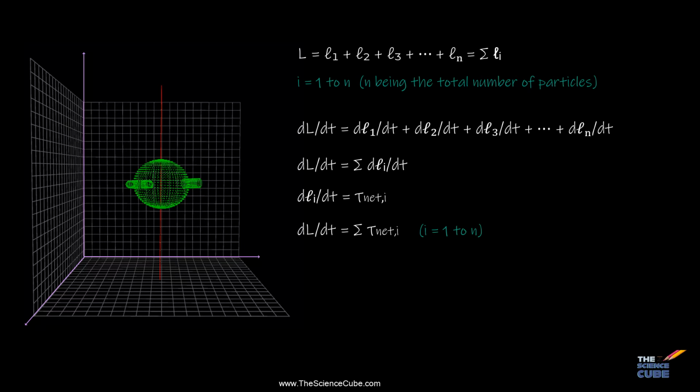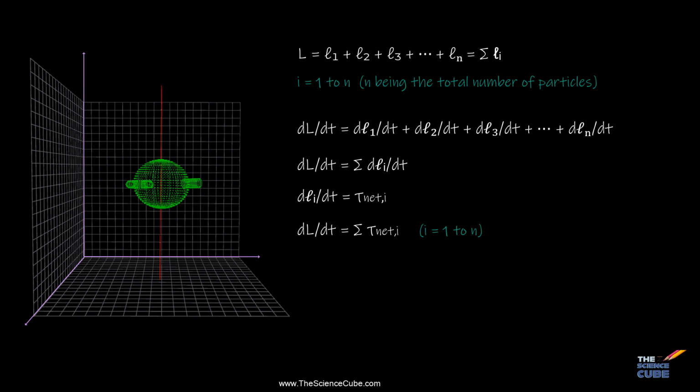And these torques can include internal torques that often result from forces between the particles, and external torques that may be a result of forces on the particle from particles or objects external to the system. But we must remember that internal forces between particles occur in equal and opposite pairs, that is governed by Newton's third law, and these tend to cancel each other out, and as a consequence the torques add up to 0.